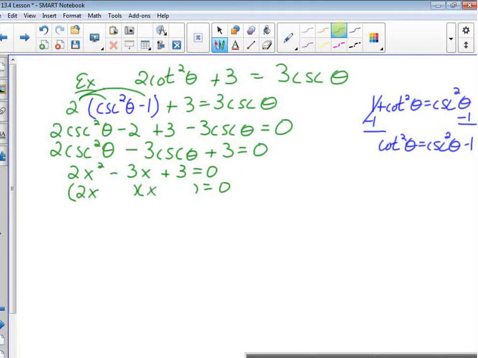So that's 2x and x. And let's see. If I go with 3 and 1 there, that's not going to work. They'd have to both be negative. So it looks like we might have to use the quadratic formula.